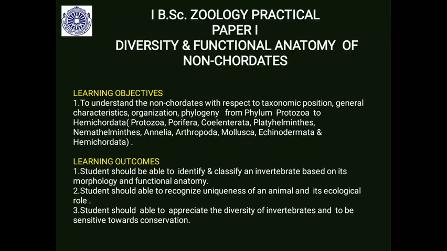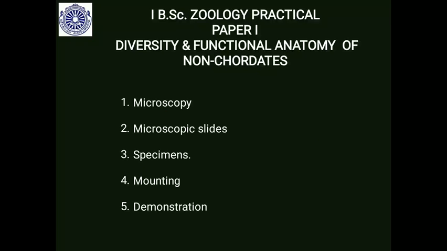You have time to study these animals individually in practical class, and you should be able to appreciate the diversity of invertebrates and to be sensitive towards its conservation. All these are the learning outcomes of practical paper 1.